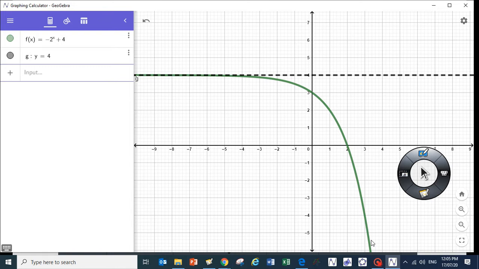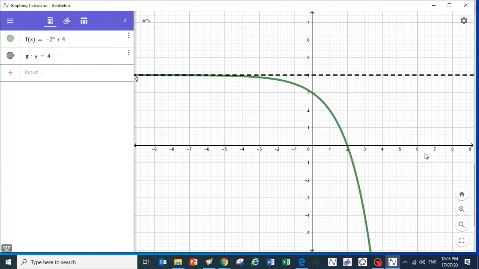So it's only the y values that are going to change in terms of their sign, but the x values keep their signs. So when you look at it, if I were to reflect this graph about the x-axis, it's going to be like this.